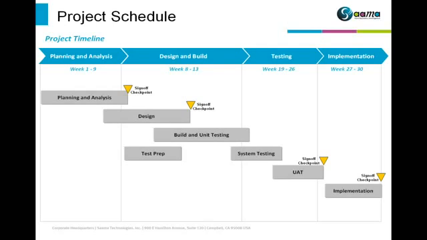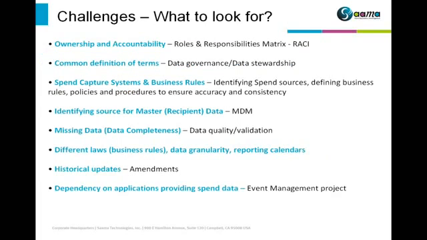Now that we have an understanding of all the 4 phases in an aggregate spend solution and what the timeline looks like, let's quickly look back at the challenges that you need to look for. I will not go through each bullet point that I have listed here, but shall touch upon the top ones. The top one that I can think of is obviously the first one itself, the ownership and accountability.